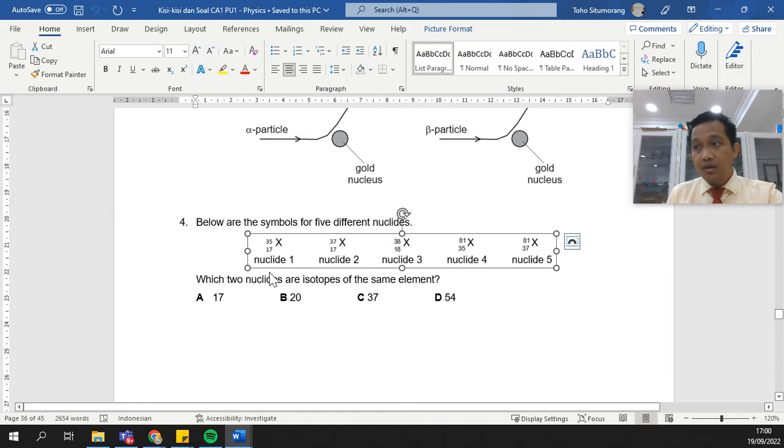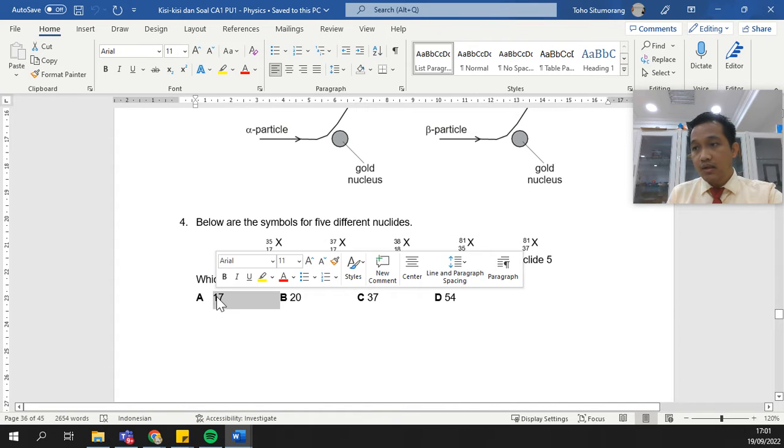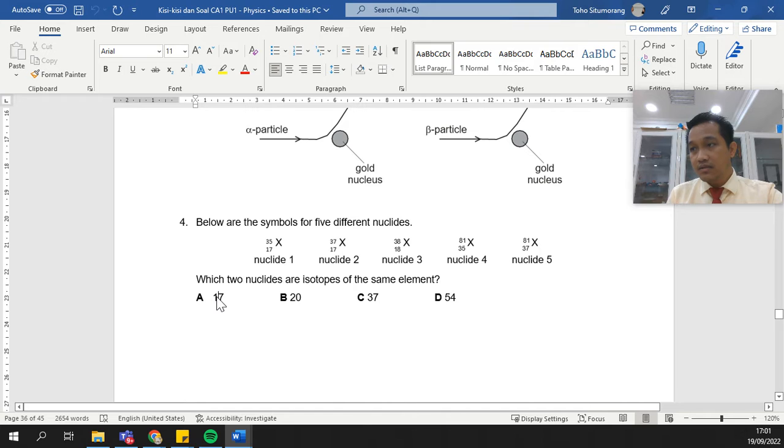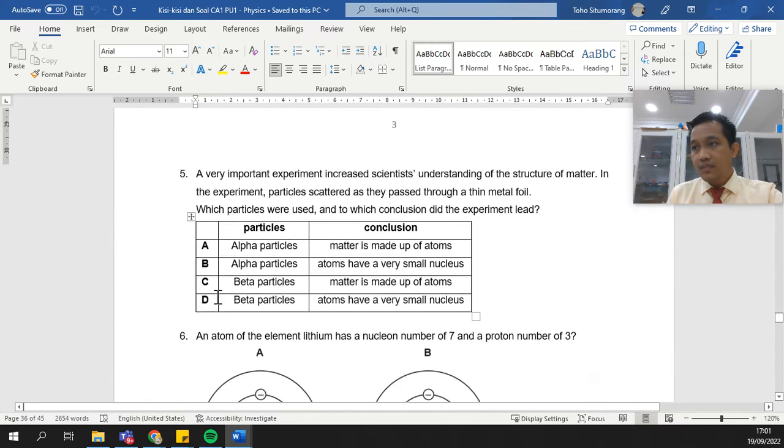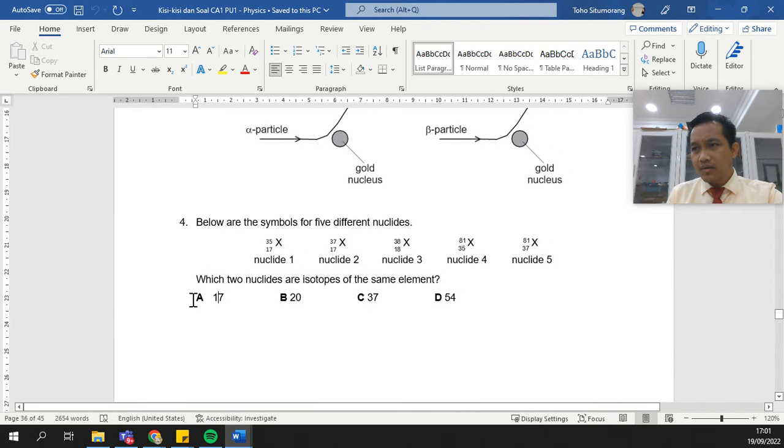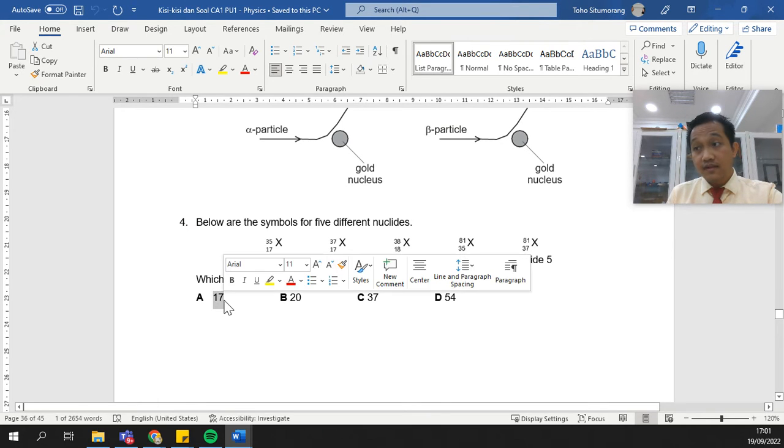The proton number of nuclide 1 is 17, the proton number of nuclide 2 is 17. So yes, the nuclide with 17 is the one that is correct. But there's no correct answer here. So it's supposed to be the nuclide with atomic number of 17.